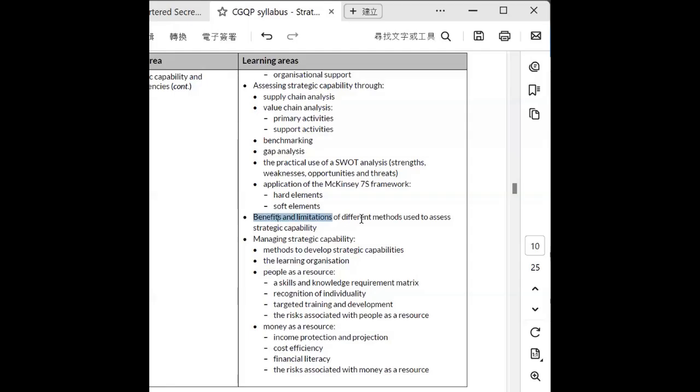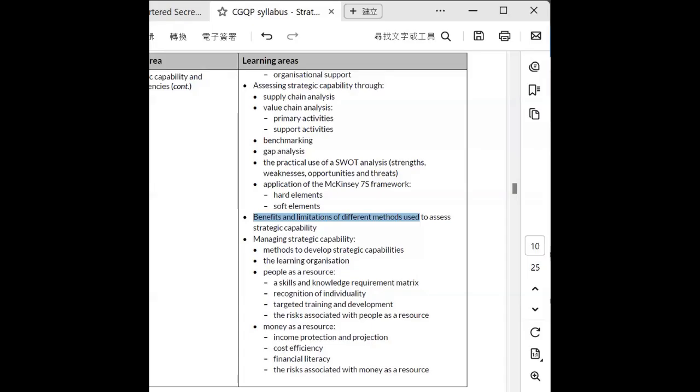So benefits and limitations of different methods to assess strategies. Well, the good thing is that they provide structure and clarity to help the organizations to make decisions.